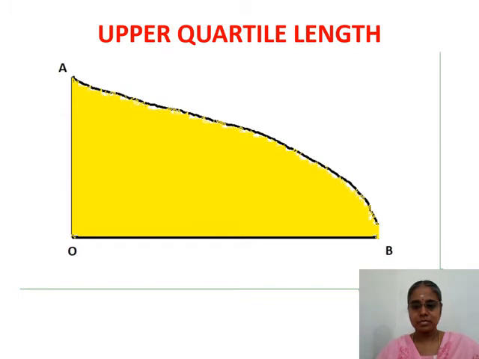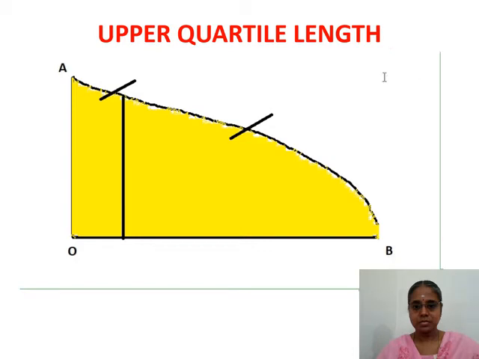So we have a line here where the upper quarter is there. This is your upper quarter. From here, the upper quarter is there. Then this will be this part and this part.